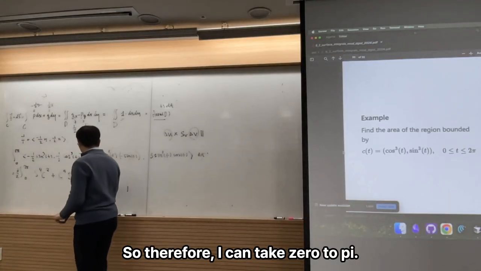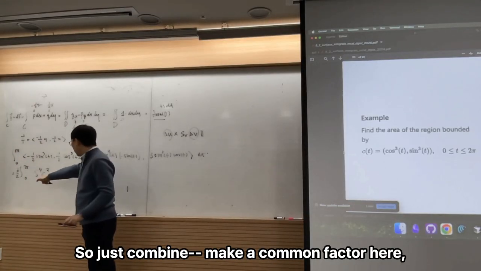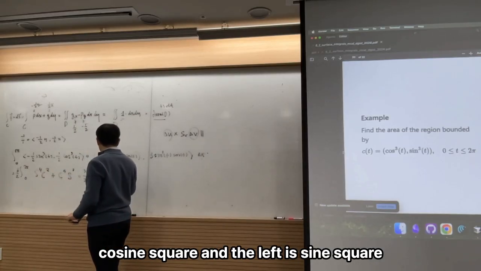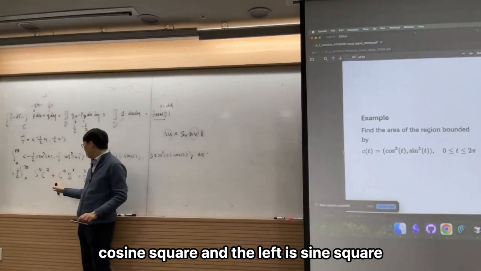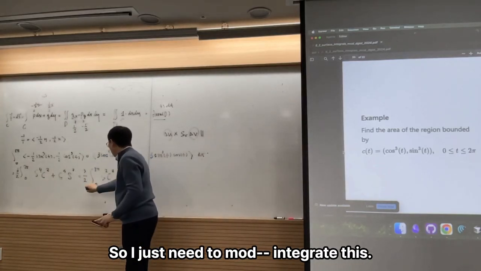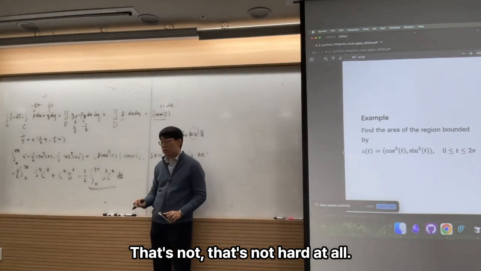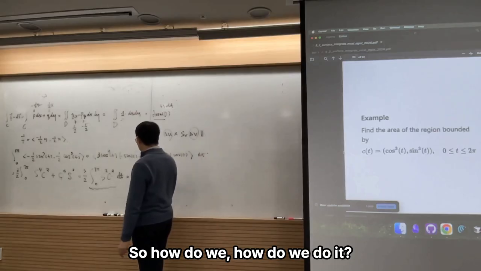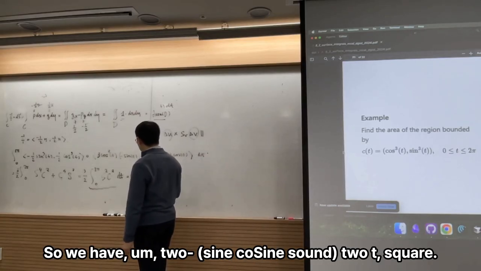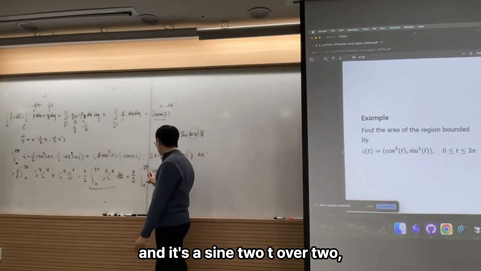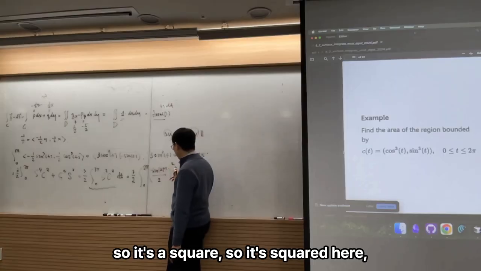So therefore I can take 0 to pi. Just combine, make a common factor here, sine squared cosine squared, and what is left is sine squared plus cosine squared, which is 1. So I just need to integrate this. That's not hard at all. How do you do it? We have sine cosine, which is sine 2t over 2, and it's squared here.